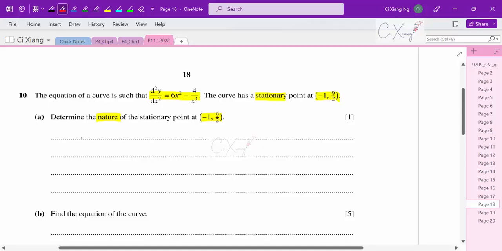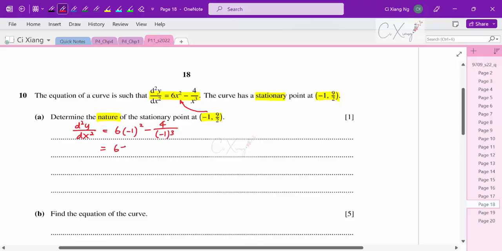Previously, when you want to determine the nature, basically we are looking for the value of d square y dx square. To investigate the nature of the stationary point, we substitute -1 into the d2y dx square formula. So we have 6(-1) squared minus 4 over (-1) power 3.